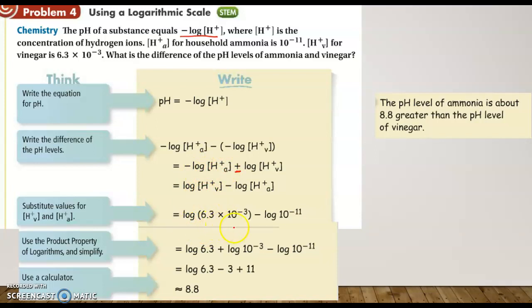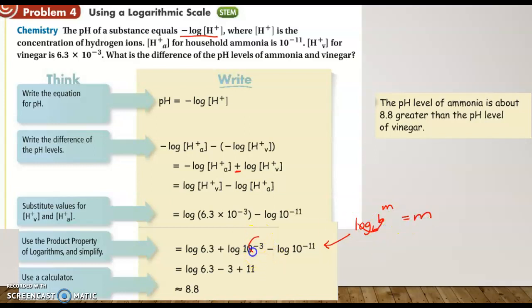So log of 6.3 times 10 cubed minus log of 10 to the negative 11 equals log of 6.3 plus log of 10 to the third, minus log of 10 to the negative 11. Now remember, I told you if you had log base b of b to the whatever it was, that was going to cancel out and you're going to get that exponent.